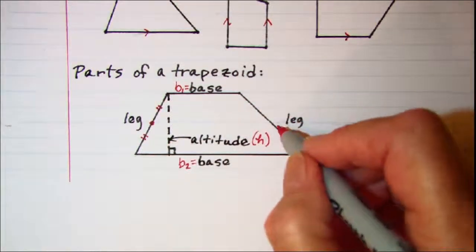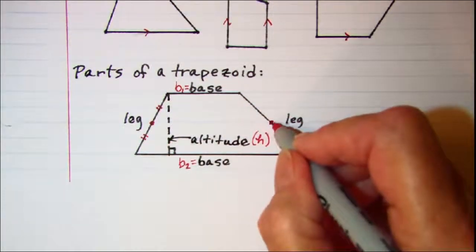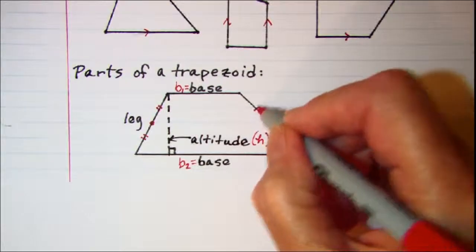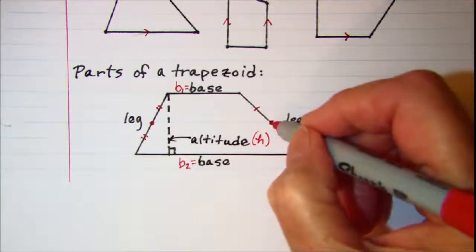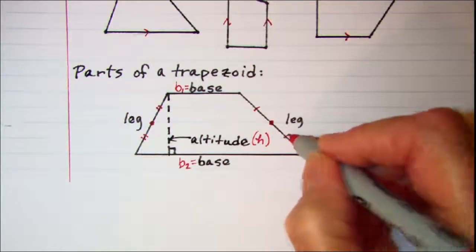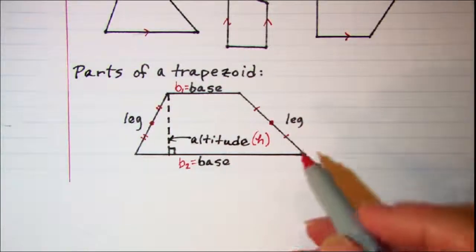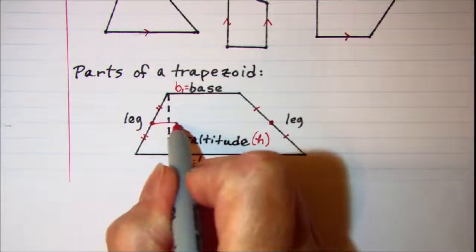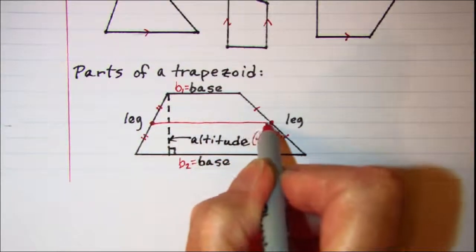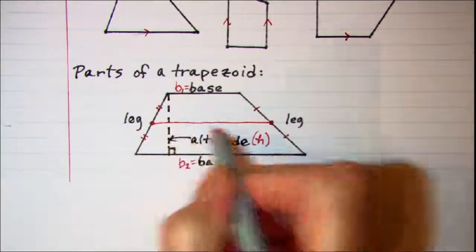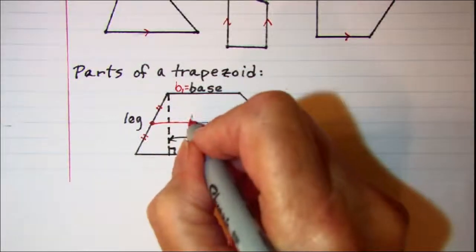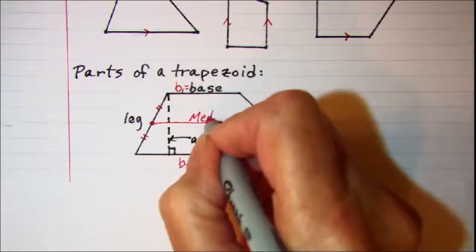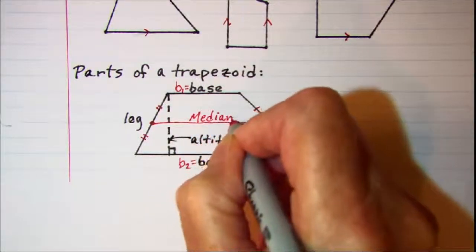And then if we find the midpoint of this leg, so this segment from here to the midpoint is equal to this segment. And then if you connect those two midpoints with a line segment, that line segment is called the median of the trapezoid.